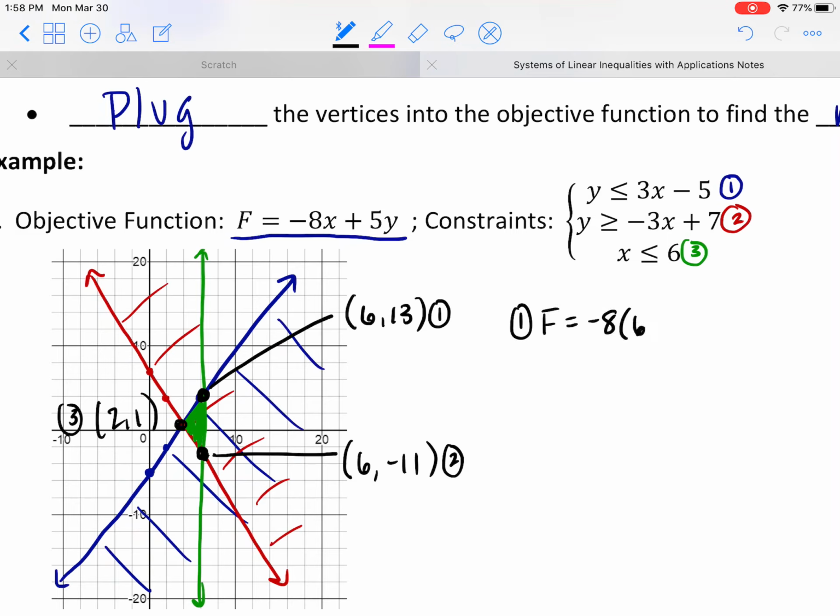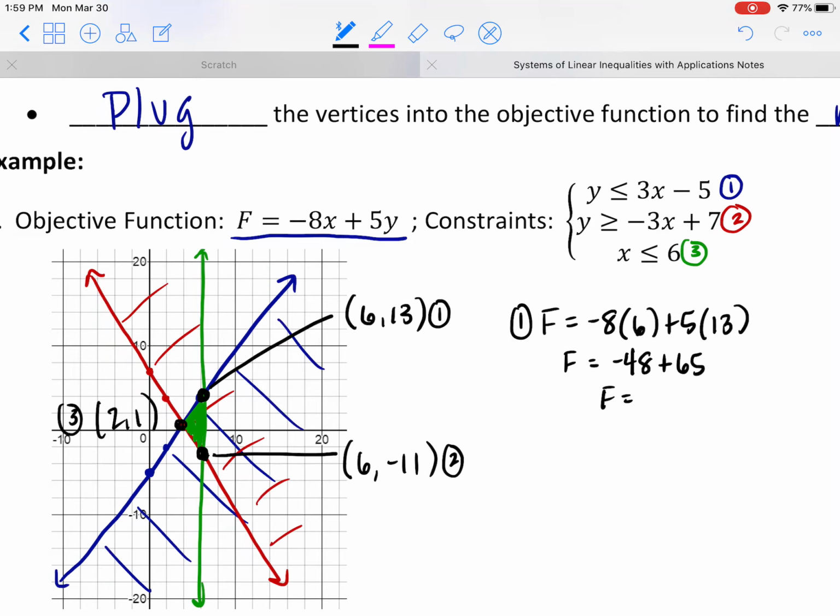If I take number 1 and plug into my objective function, f equals -8 times, for number 1, x is 6, plus 5 times, for number 1, y was equal to 13. We end up here with -48 and a positive 65.